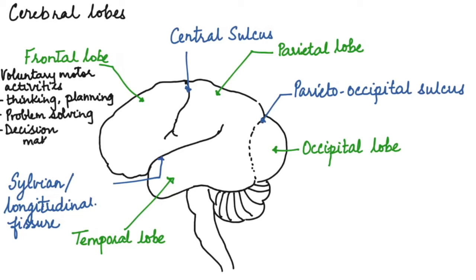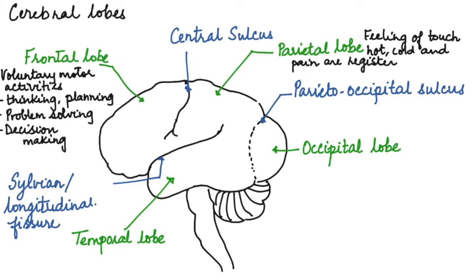So, this is the lobe that is responsible for all these functions. The parietal lobe is responsible for registering the feeling of touch, hotness, coldness, and pain. These are registered here. It is also responsible for visuospatial processing.